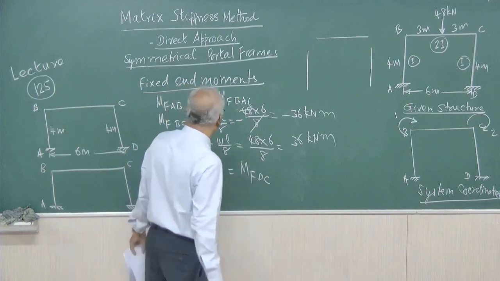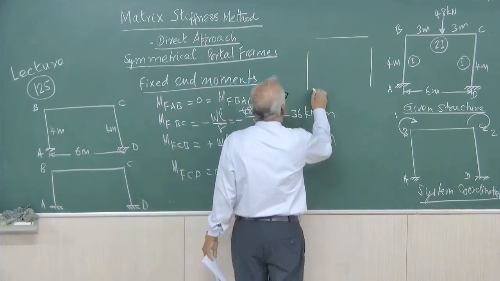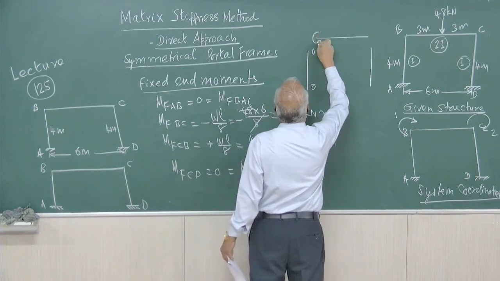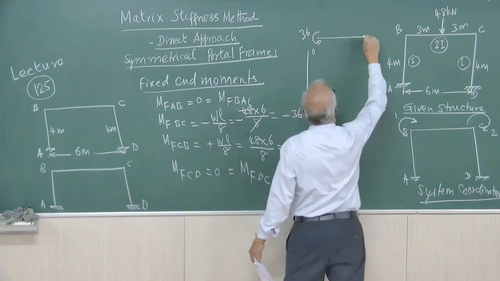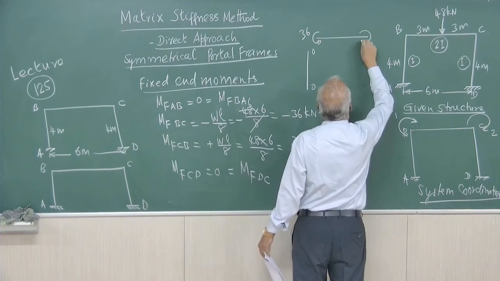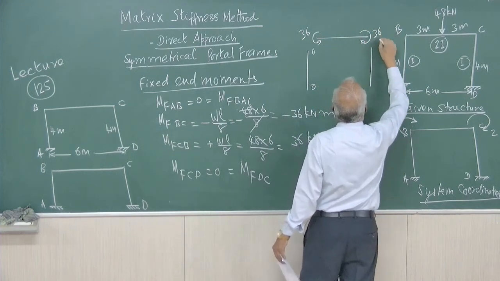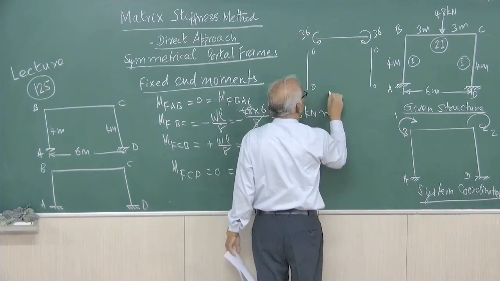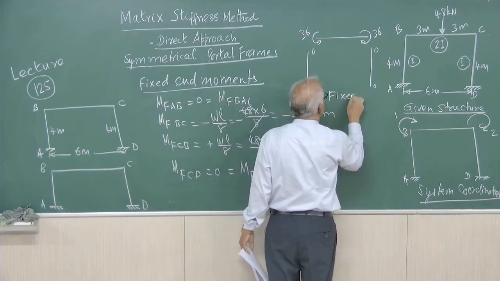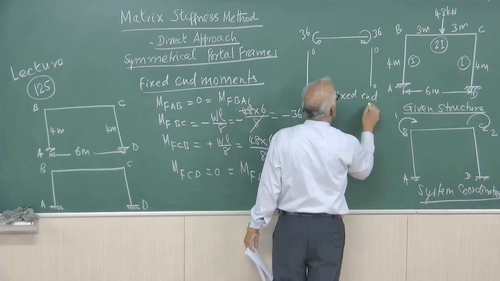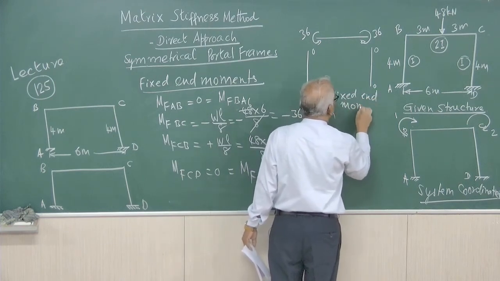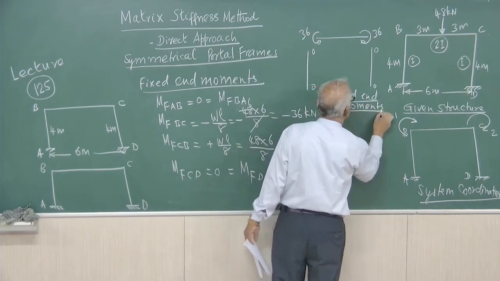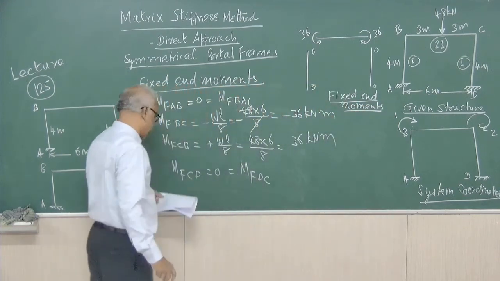Now coming to the fixed end moments, here they are 0, 0, minus 36, plus 36, 0 and 0. These are the fixed end moments.